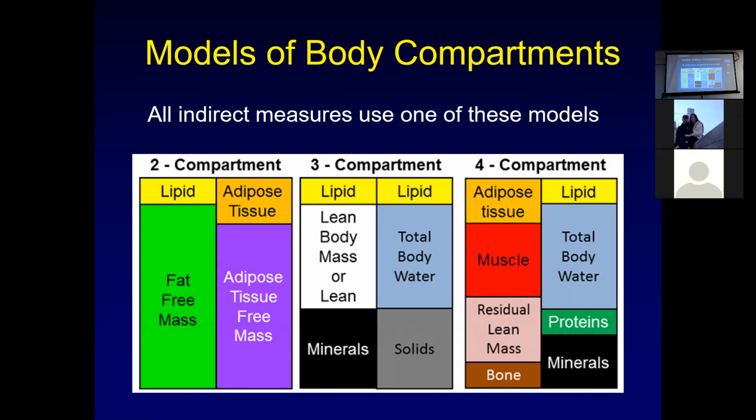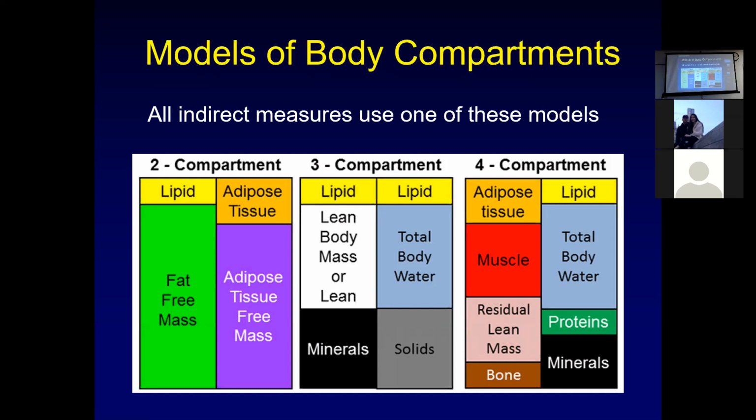A 4-compartment model is going to leave the mineral portion, and take this lean body mass and split it into protein, and then residual lean mass, which is basically water and stuff from some organs. So it splits it in this particular way.